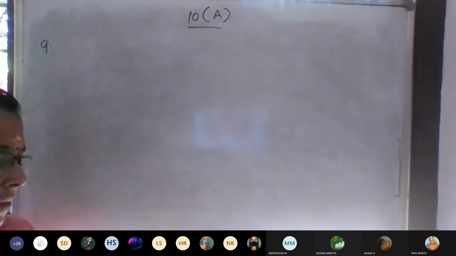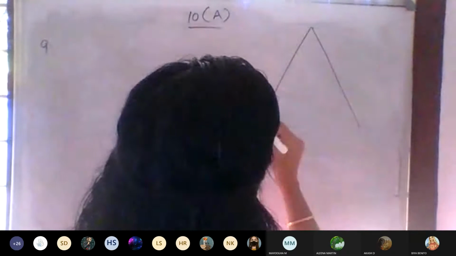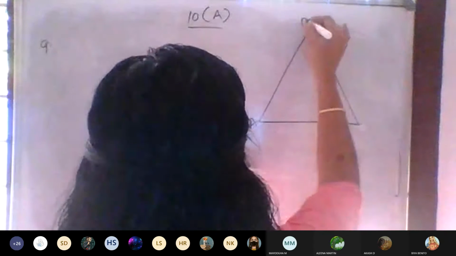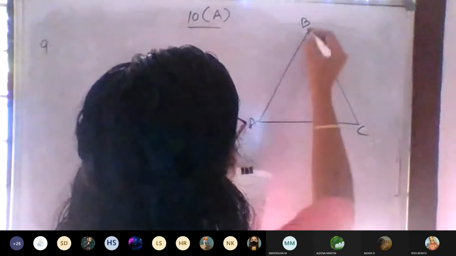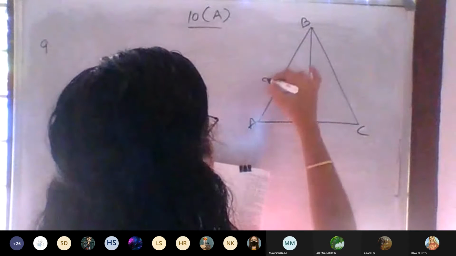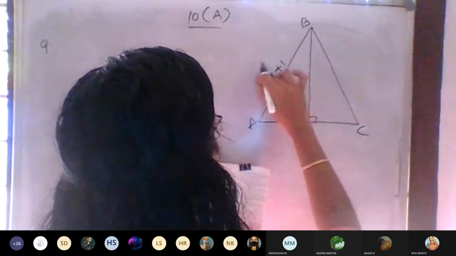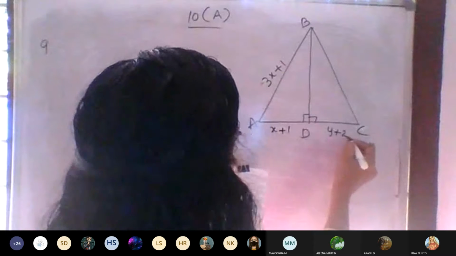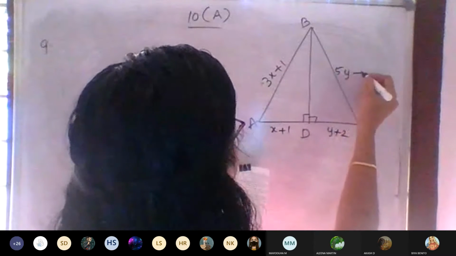If the lengths of the sides of a triangle are expressed in terms of x and y as shown, find the values of x and y. So draw the triangle A, B, C, then D, 3x plus 1, here x plus 1, y plus 2, 5y minus 2.